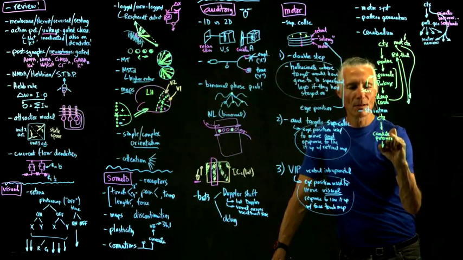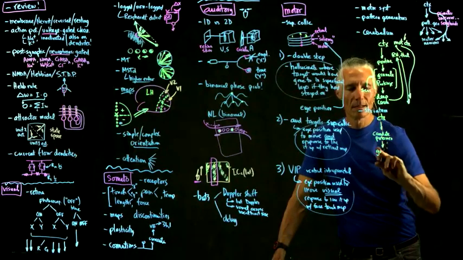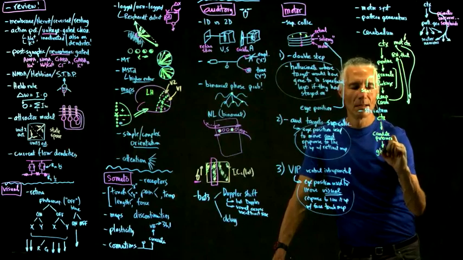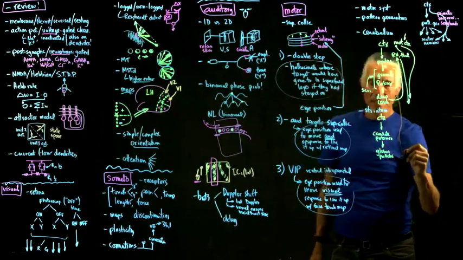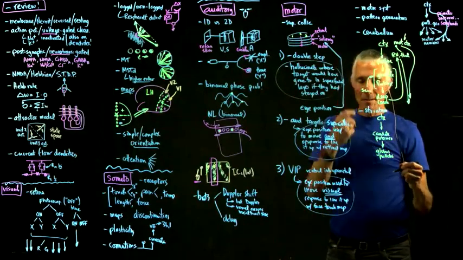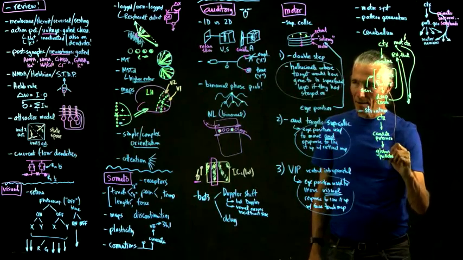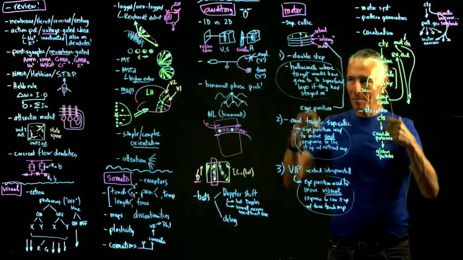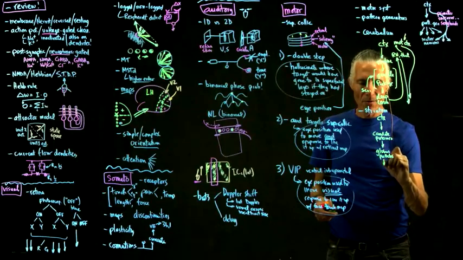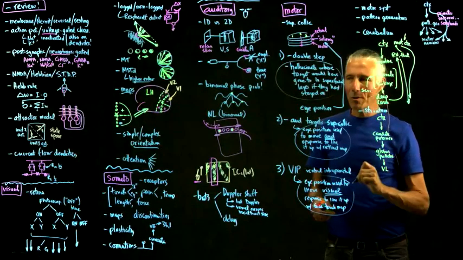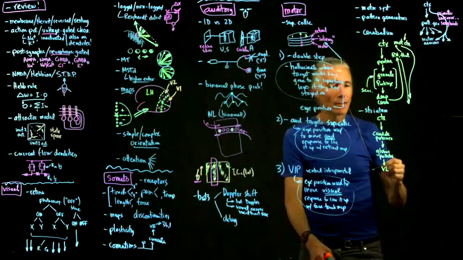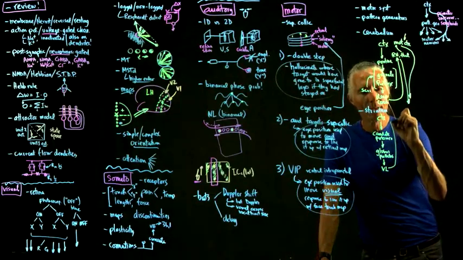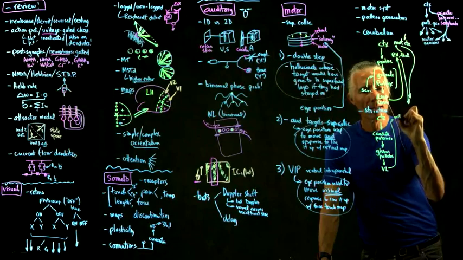And then that goes to the globus pallidus. And then the globus pallidus, which is in the forebrain, remember, because the globus pallidus and caudate putamen are part of the forebrain, will go down to the motor thalamus. Then the motor thalamus will go back up to motor cortex, and then that's how you get out. Motor cortex out.